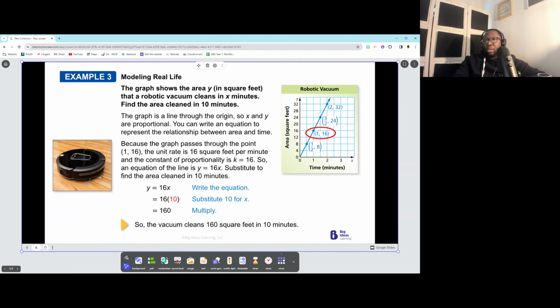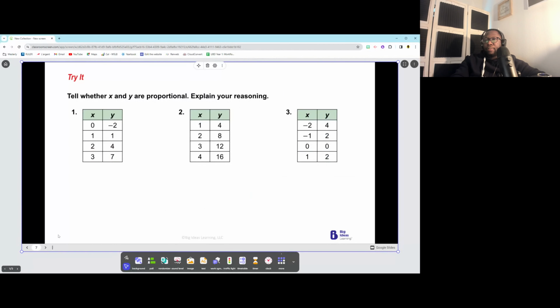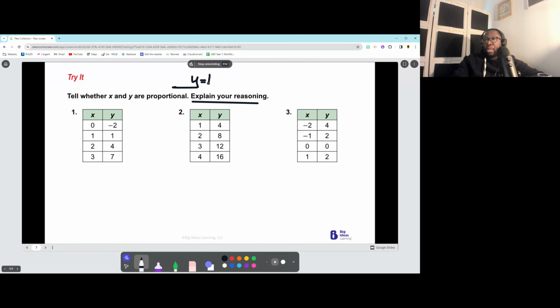Great. Let's take a look at our last example. When we look at these tables, can we tell whether or not they are proportional? And we want to be able to explain our reasoning. First, we're going to write y equals kx.